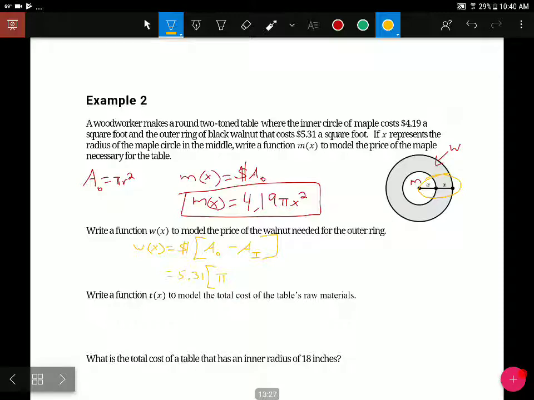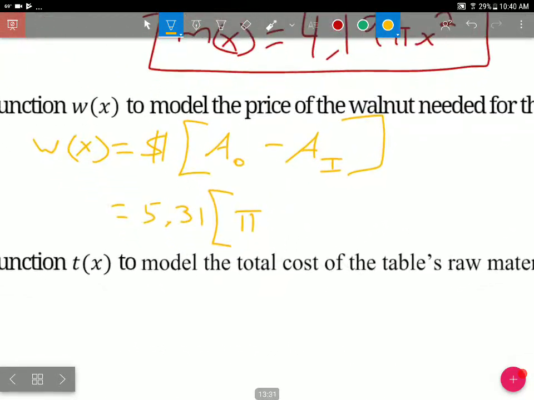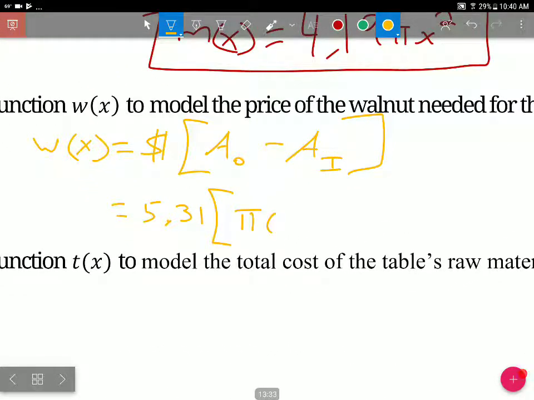So it is simply 2x squared, because it's 1x plus another x, which is 2 x's. Minus the area of the inner circle, which we already decided was just pi x squared. Cool?